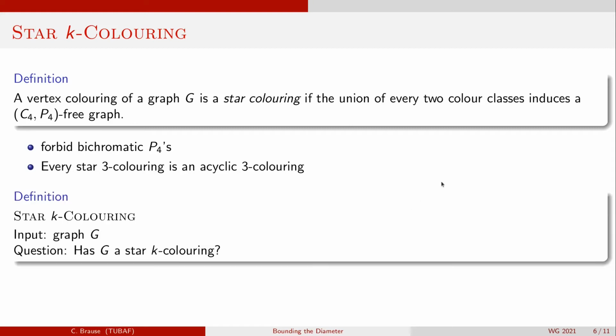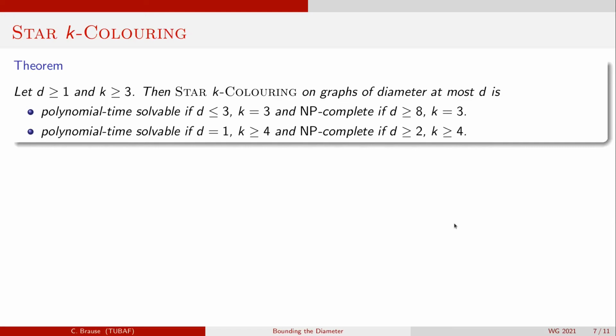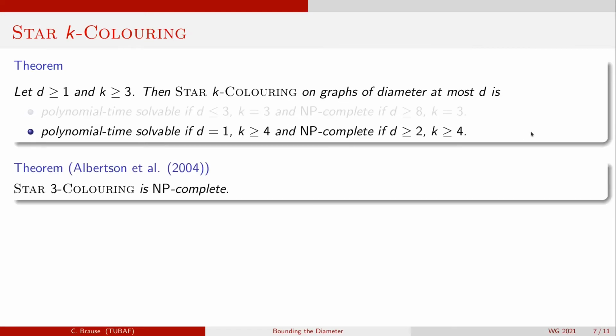Somewhat similarly to the acyclic K coloring problem, we can define the star K coloring problem, and again similarly we can show that the problem where K is part of the input is NP-complete whenever we consider graphs of diameter at most 2, and polynomial time solvable if the input is restricted to graphs of diameter 1. For that reason, let us focus on star K coloring, and it's not a big surprise that we obtain some similar results if K is at least 4, since the star 3 coloring problem is NP-complete as well.